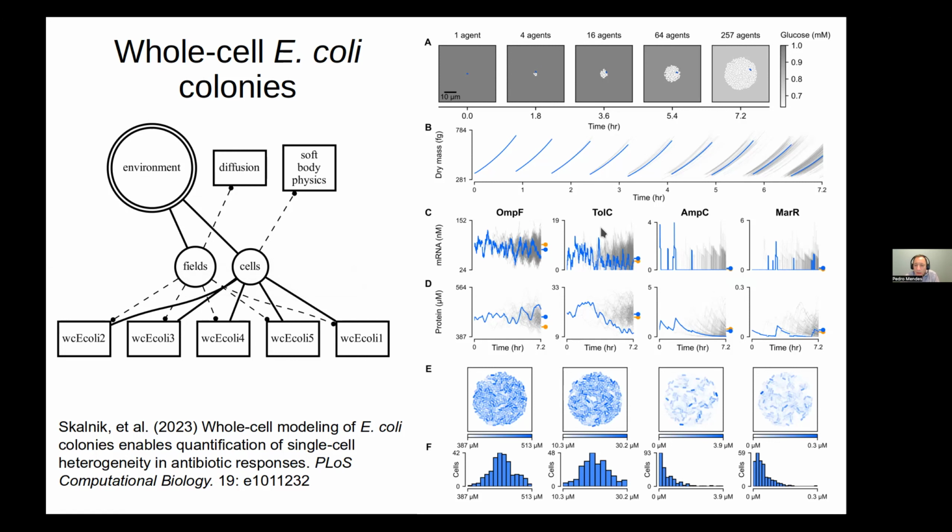Cells start dying out when you apply the antibiotic, but some cells survive because they express the proteins that allow them to be resistant. So this was done essentially. This approach, as you can see, is multiscale. It has a whole model, and it actually gets the entire whole cell model in each one of the agents.